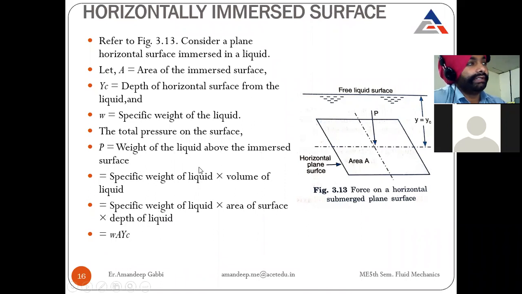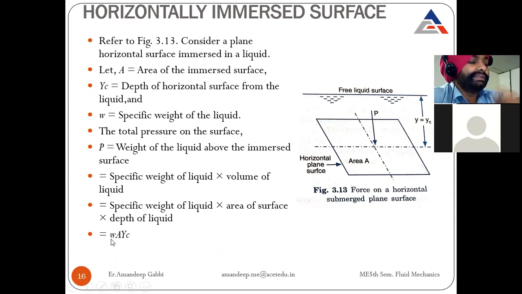Now, if you want to calculate the total pressure on the surface, it is equal to the specific weight of the liquid into the area of the surface into the depth of the liquid. Multiply these things and you will get the total pressure in case of a horizontal surface. The most simple case is the horizontal surface, in which total pressure is equal to WAYC.